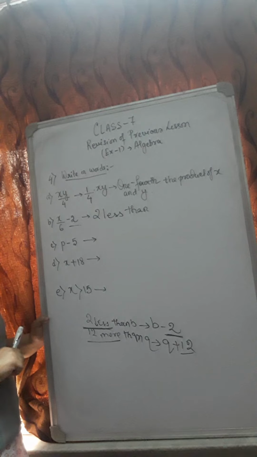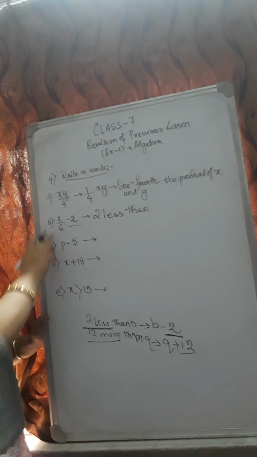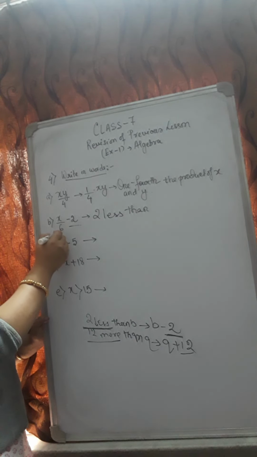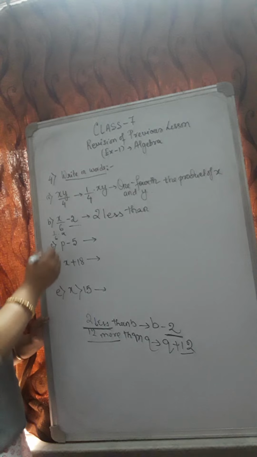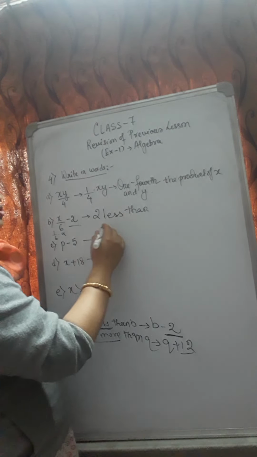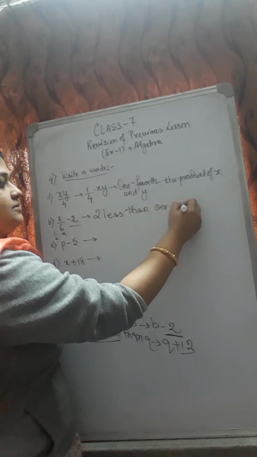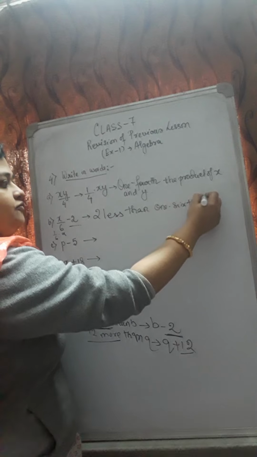Now, 2 less than which number? This number means 1/6 of x. Because if you break the fractional part, it means 1 by 6 into x, because their multiplication gives you x by 6. So 2 less than 1/6 of x.